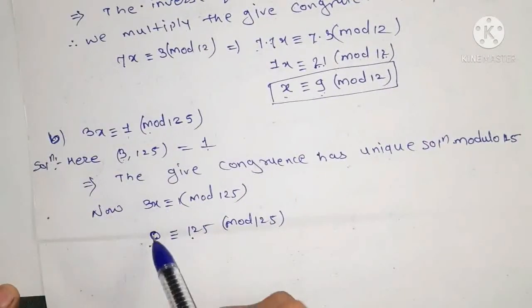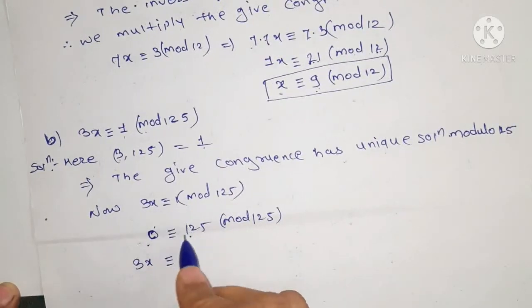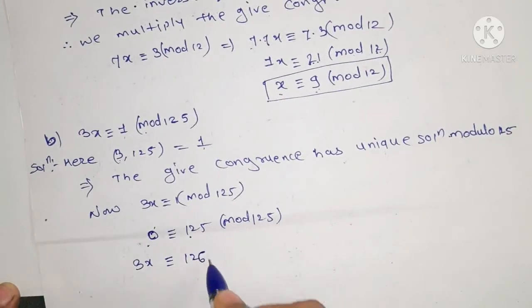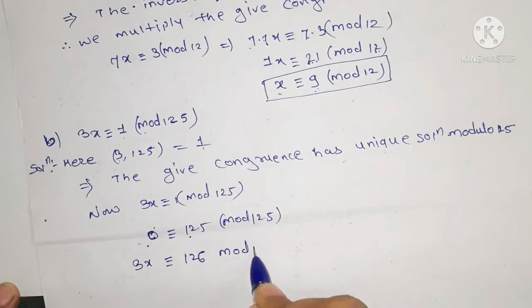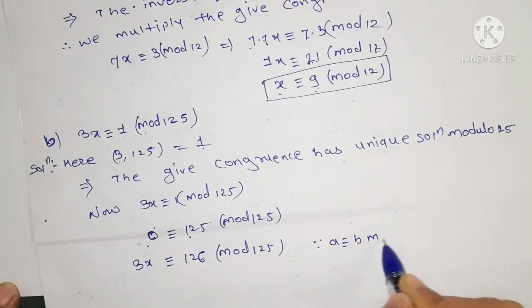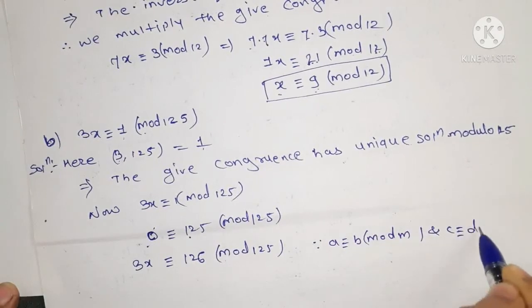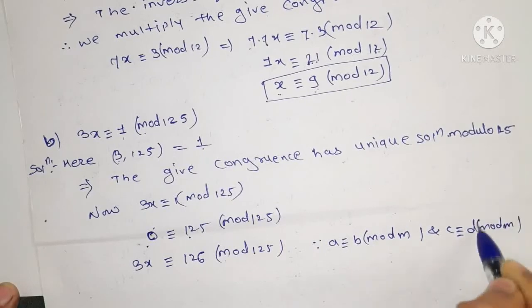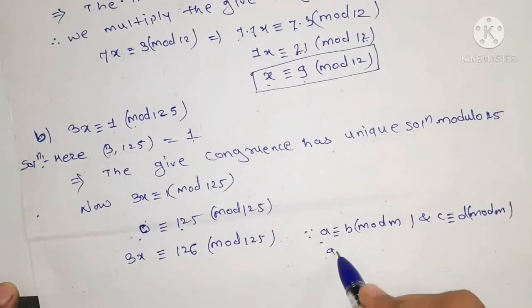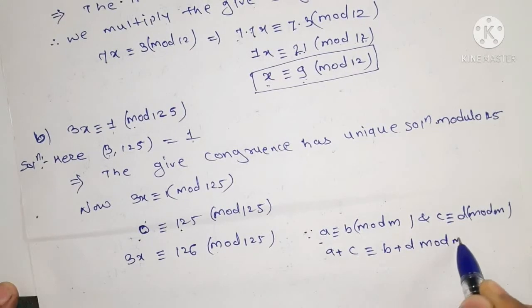Now we can add this to the equation. 3x plus 0 is congruent to 1 plus 125, which is 126, modulo 125. Since a congruent to b modulo m and c congruent to d modulo m, addition is possible, that is a plus c is congruent to b plus d modulo m.